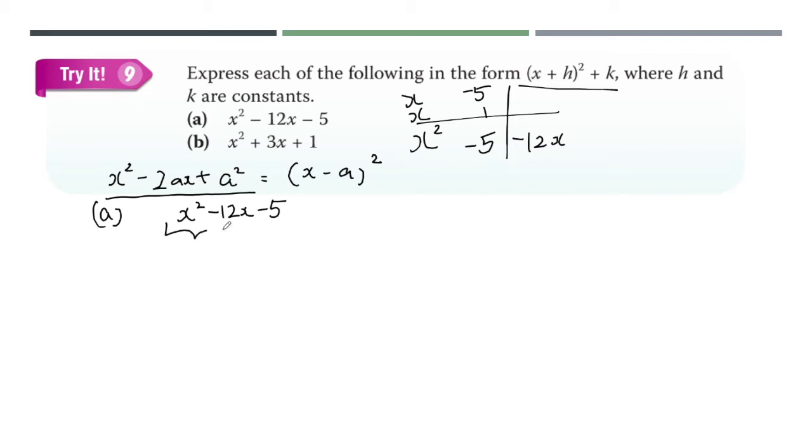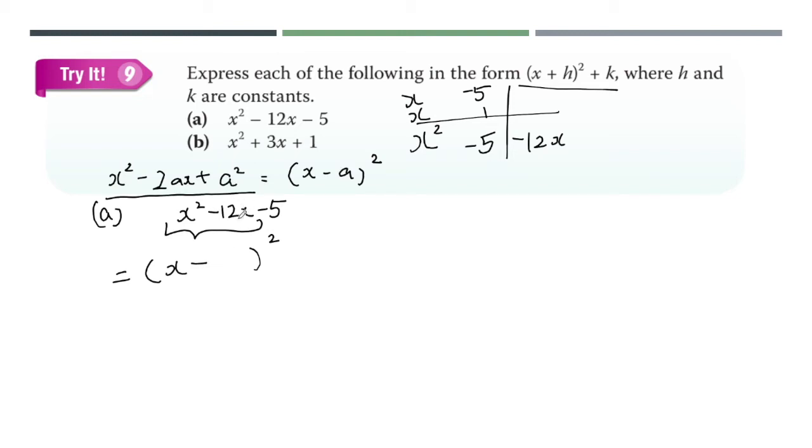So we usually will focus on this first. We'll ignore this last term. Let's focus on this. I want to have x. Definitely I'm going to get this x in this bracket square, because that's how I get my x squared. My question now is, if this is negative 2ax, what is my a?